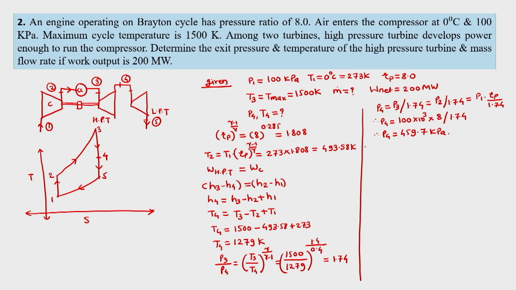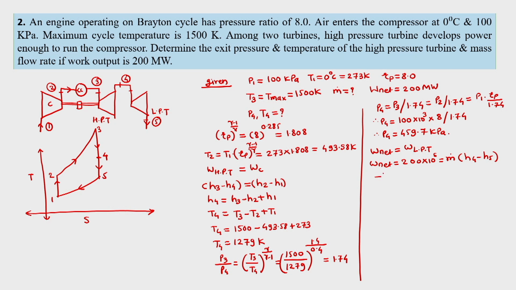Now we can find out the mass flow rate, since W net is only the work of the low pressure turbine, since the high pressure turbine exclusively runs the compressor. So W net is given as 200 into 10 to the power 6 equal to m dot into H4 minus H5, but here we should know T5.